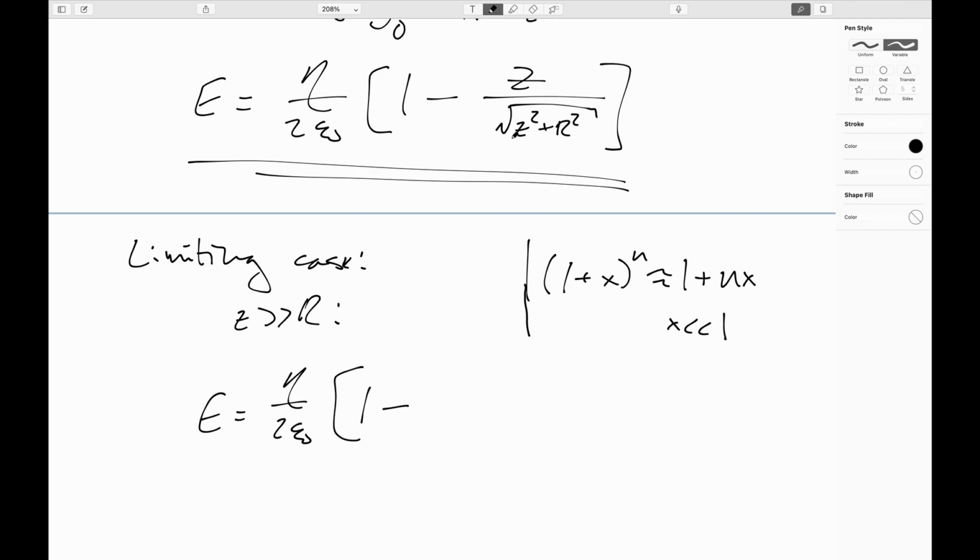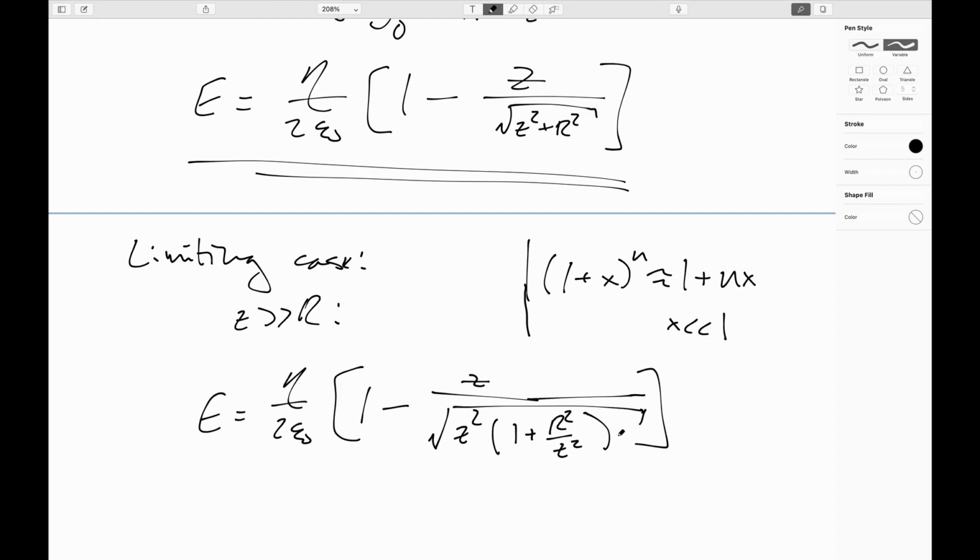So if I'm going to do this, I need to get this into a form of 1 plus nx. My x here is r squared over z squared. So what I can do is write this in a form of z over the square root of z squared times 1 plus r squared over z squared inside the root.